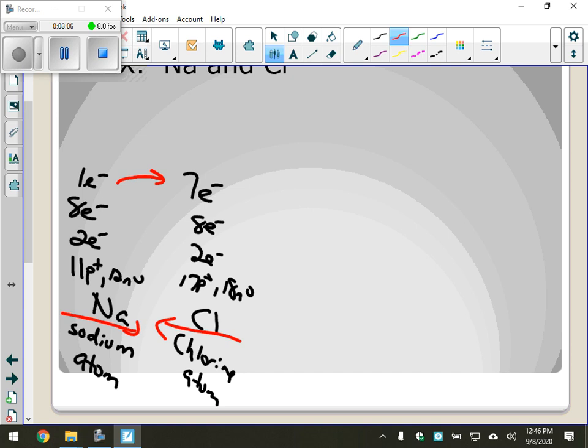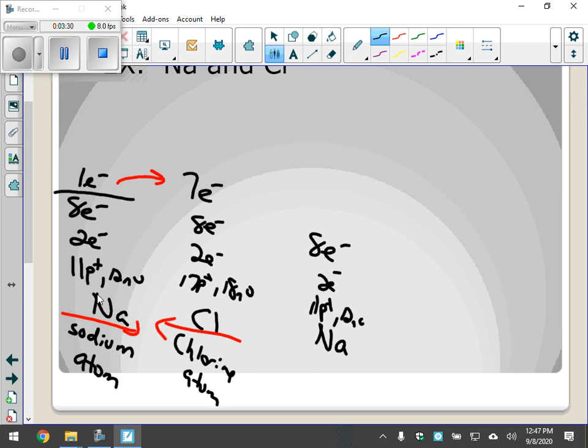Okay. Basically, now what we end up with is sodium, which looks like this, 11 protons, 12 neutrons, 2, 8. Okay, we kind of chop it off right there now, right? That one electron has moved over to chlorine, right? So we get kind of something that looks like that.